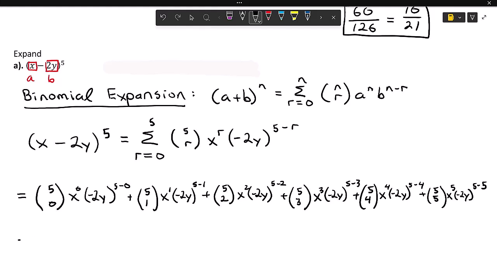So we'll go through and calculate each thing here. 5 choose 0 is 1. x to the 0 is also 1.